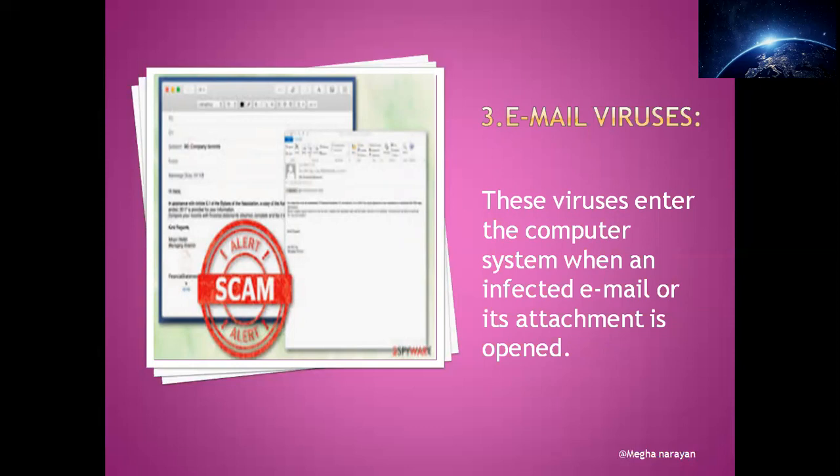This virus has a direct link with those sorts of examples that I'm giving you. Email viruses are viruses that enter inside a computer system when an infected email or attachment is opened. Imagine you got a mail from someone that you don't know. He's truly a stranger for you.